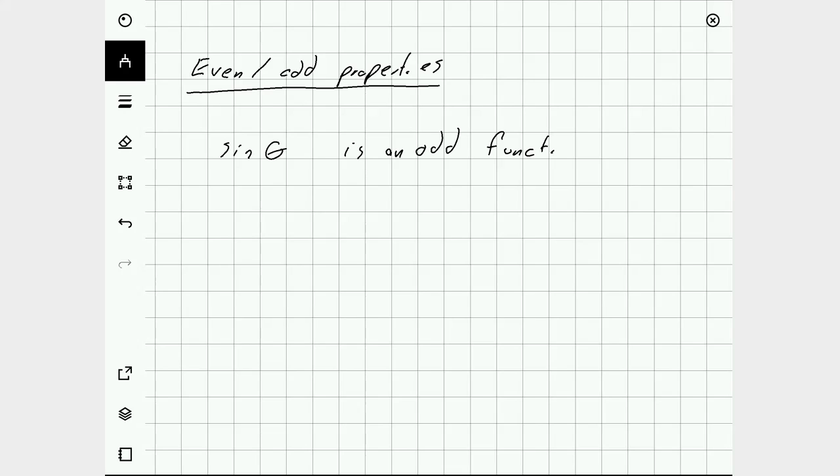That is to say, because of the shape of the graph of sine, which looks something like that, if you take sine of the opposite of theta, you get the same thing you would get if you took the opposite of the sine of theta.